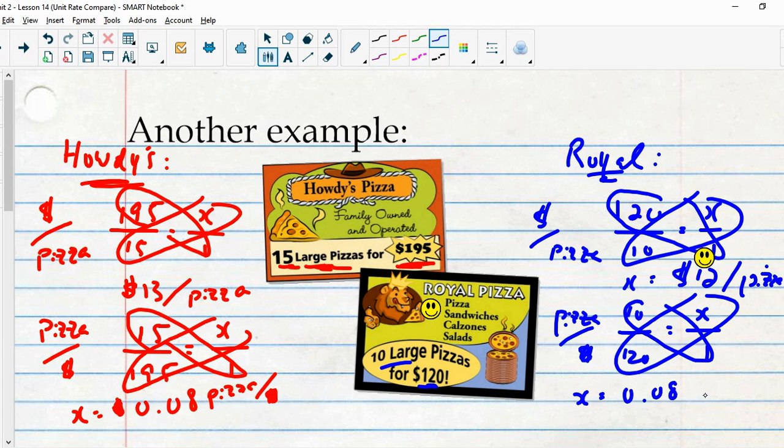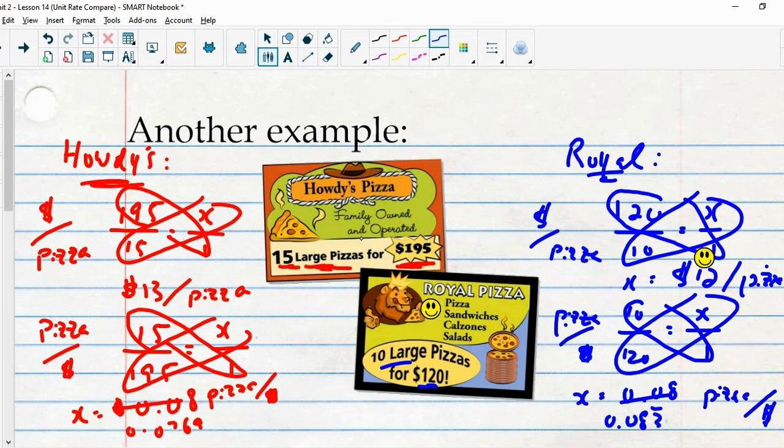So we need more decimals. The last one was 0.0769. This one was 0.08333, and so on, repeating. I'll put a bar up here.